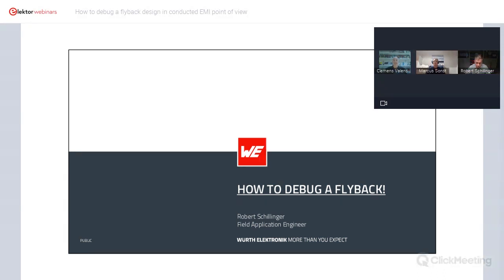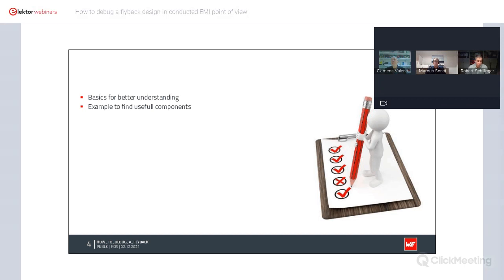How to debug a flyback design is the content today. I will show you some basics for a better understanding of where noise comes from, using the flyback example. In the next step, I will show you how you can select useful components to reach the norm you must meet.